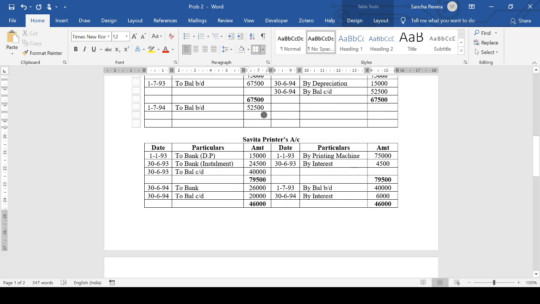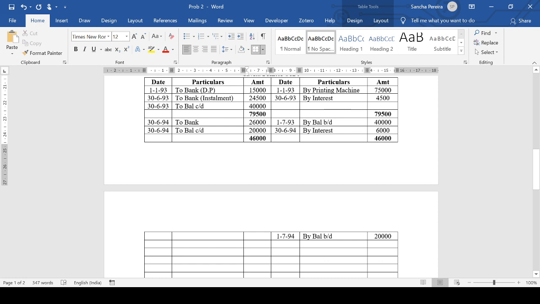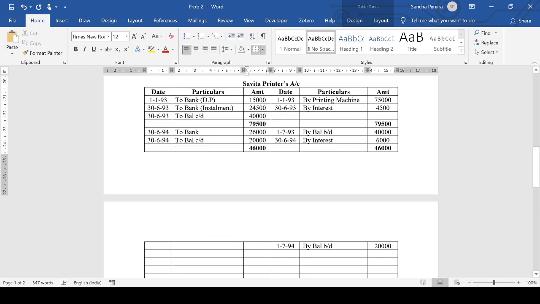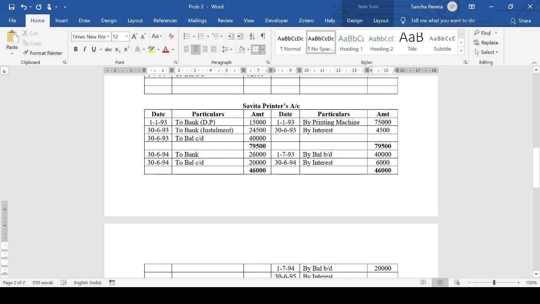Again, we start with the interest. What's the entry for interest? Interest account debit to hire vendor's account. So in Savita's account, on 30th June 95, we are going to have it as by interest. How much is the interest in the last year?